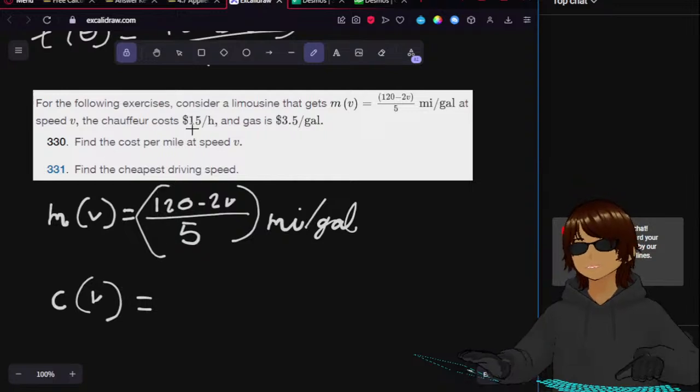Anyways, cost per mile at speed v. The chauffeur costs $15 an hour and the gas is 3.5 per gallon.